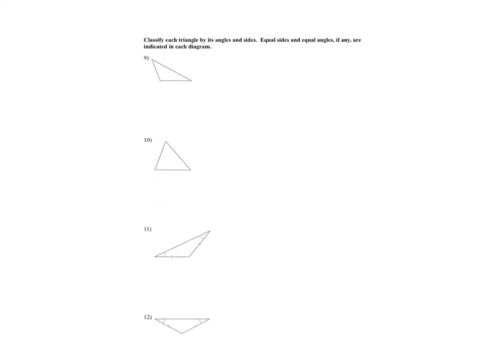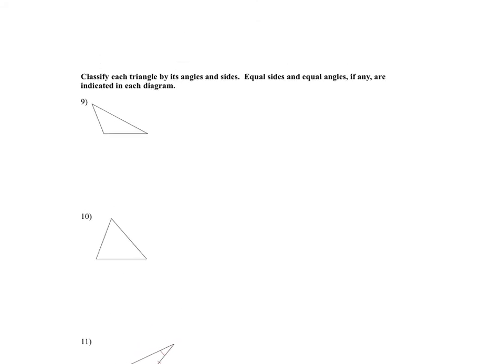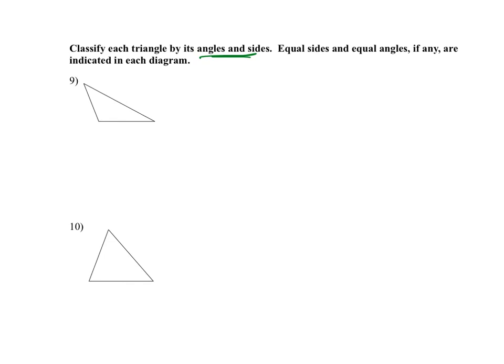Now, I want to classify each triangle by its sides and angles right here. Right, sides and angles, right? So in this case, I don't have enough information to tell that any sides are congruent. So this means that this is a scalene obtuse triangle, right?